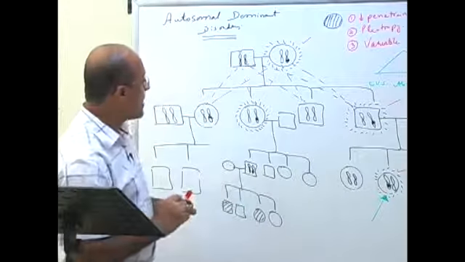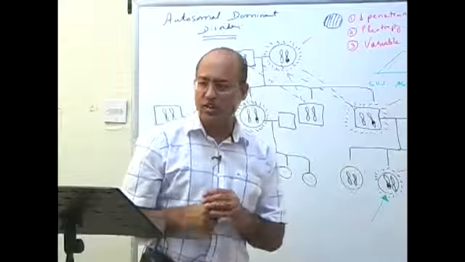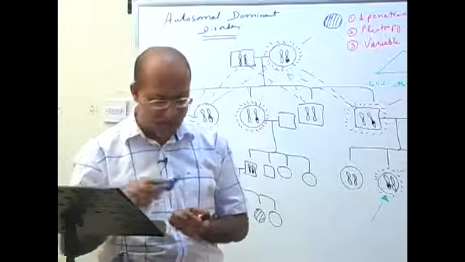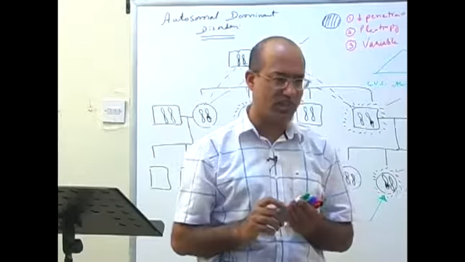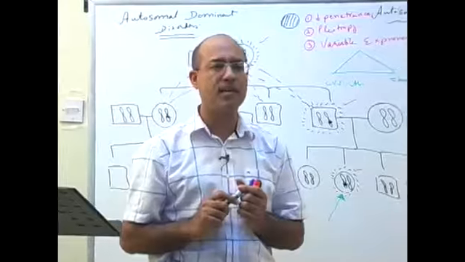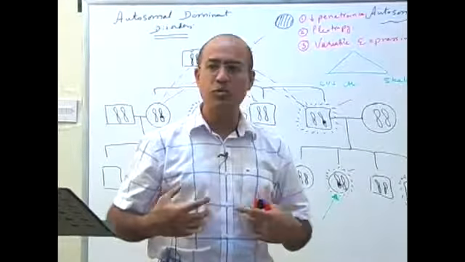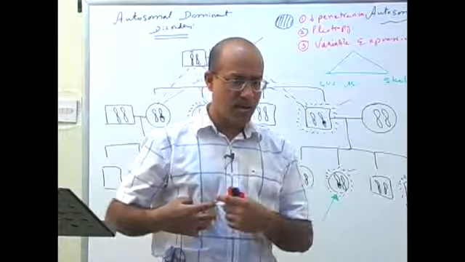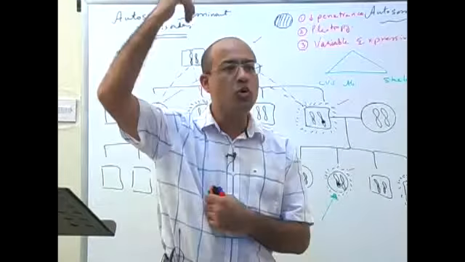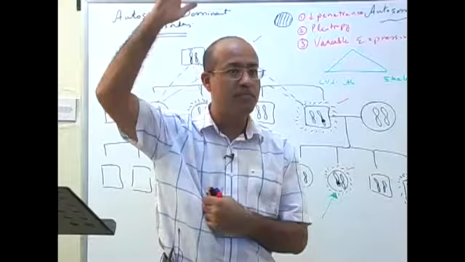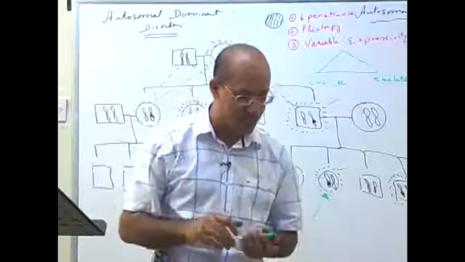Now we come to the next concept, the concept of new mutation. Sometimes what happens is that in a family a person develops Marfan syndrome, but there is no history of Marfan syndrome in upper generations.